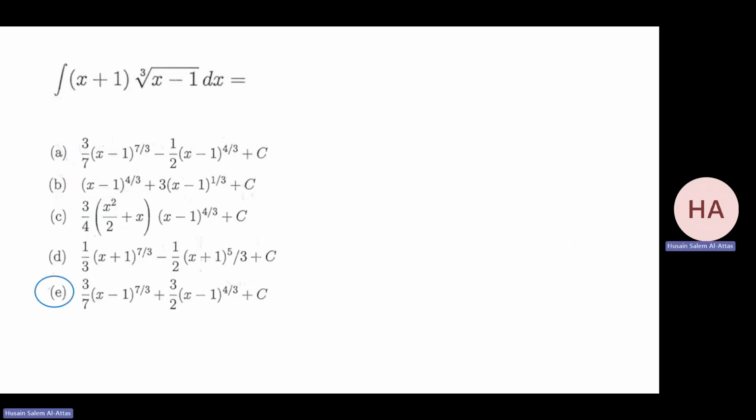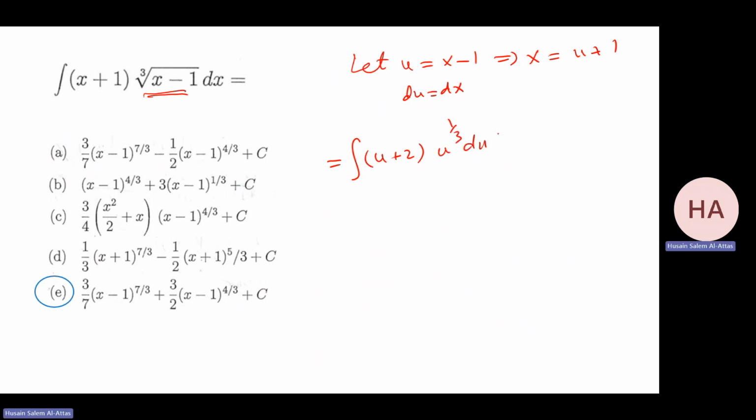This one is very clear. I'll take this u, but be careful about x plus 1. U equals x minus 1, so x is u plus 1. Du equals dx. So that will be what? X plus 1 means u plus 2, times the cube root of u, u to the power 1 over 3, du.